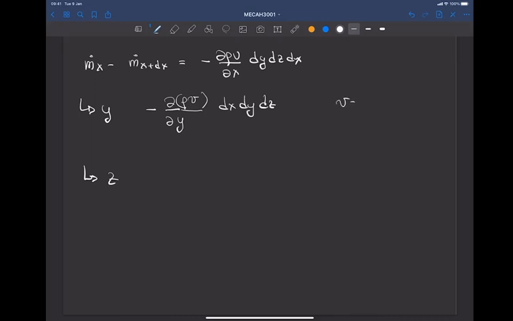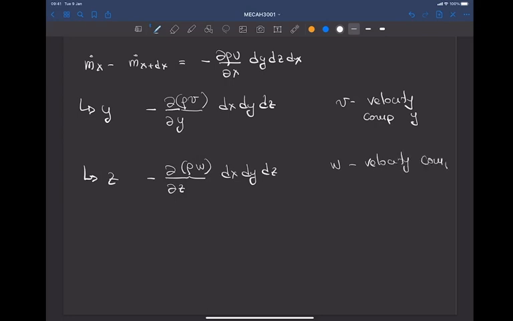So v is the velocity component along y, and for z we will have minus the derivative with respect to z of rho w, dx dy dz, and w is the velocity component along z.